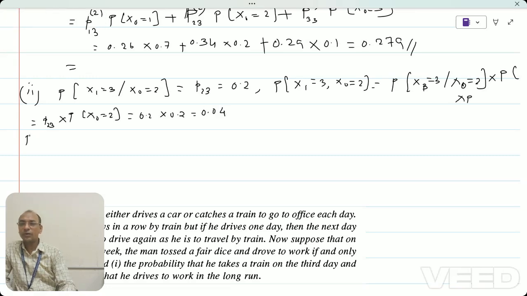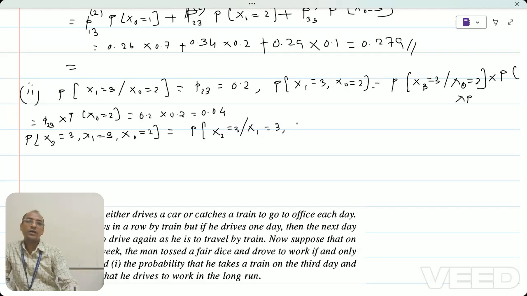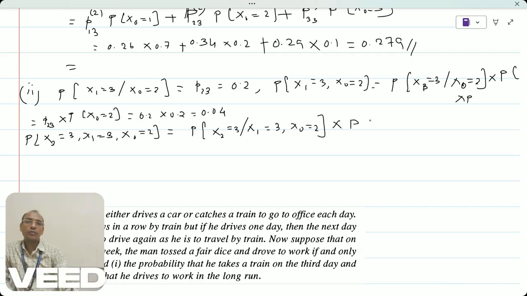Next, what I will do, probability of x2 equal to 3, x1 equal to 3, and x0 equal to 2. We can write this as probability of x2 equal to 3 given x1 equal to 3, x0 equal to 2, into probability of x1 equal to 3, x0 equal to 2.